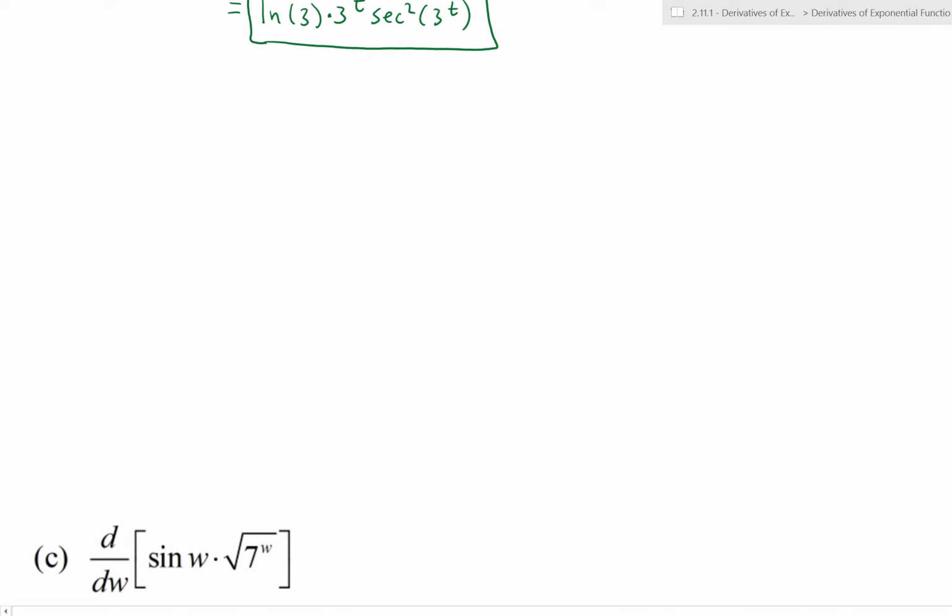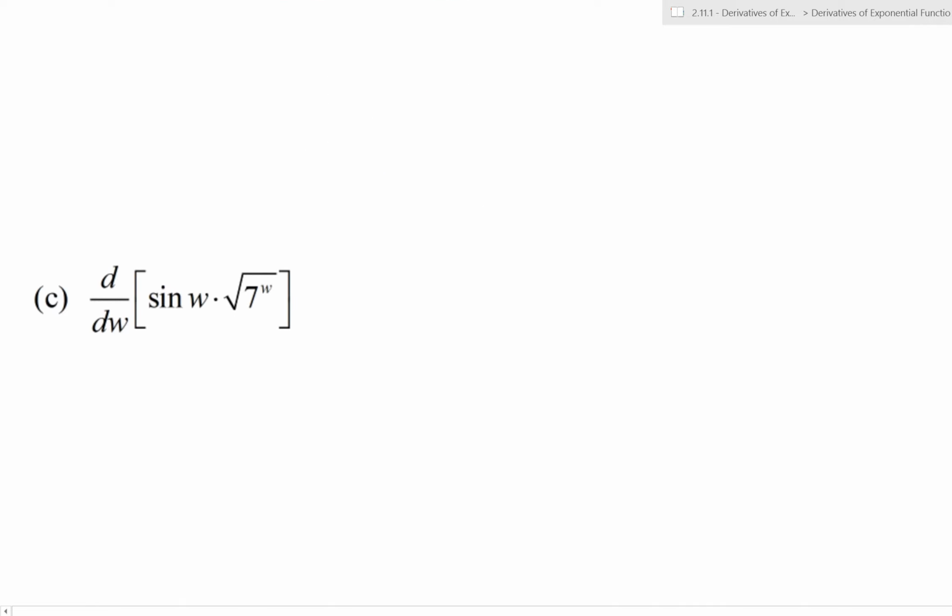One more and we're done. All right. How about this one here? How about find the derivative with respect to w of the product of sine of w times the root of 7 to the w? Now, for the sake of simplicity here, I'm just going to rewrite this as sine of w times 7 to the w all to the half power.